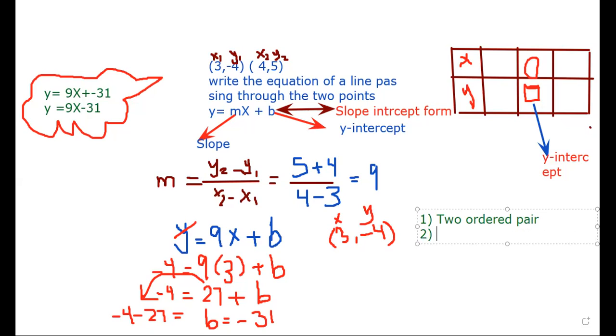From the graph, yes. What else? Table. Yes, from a table. Thank you. What else? From a description or situation. Okay, so this is how we can write the equations by using this information.